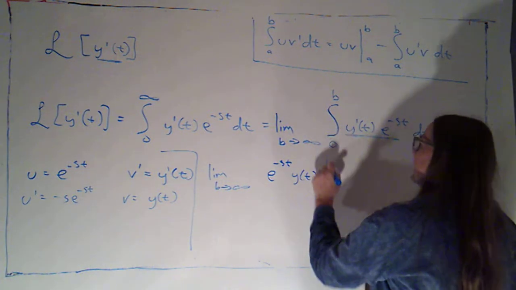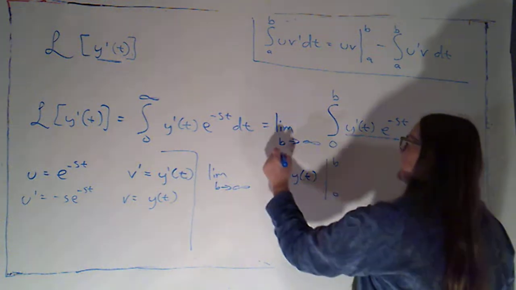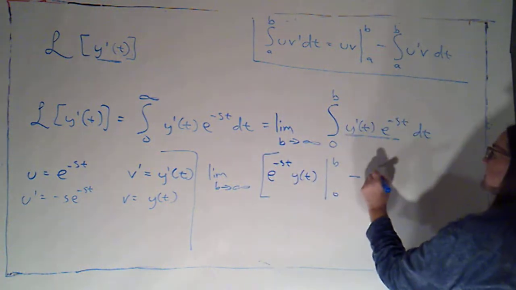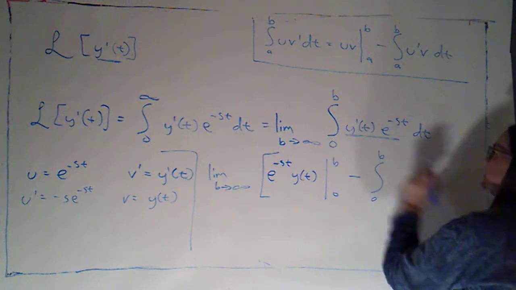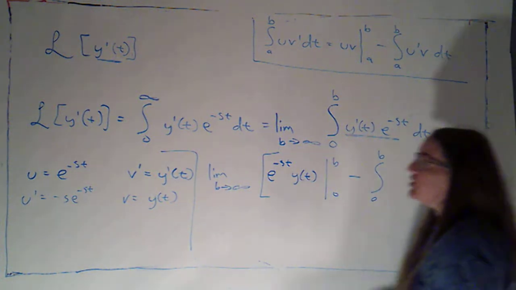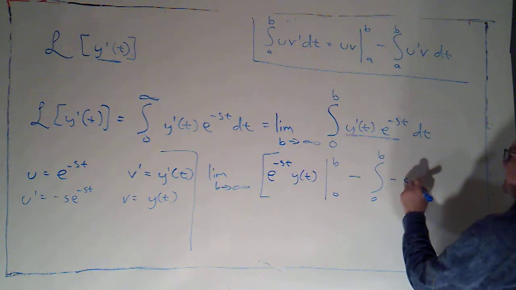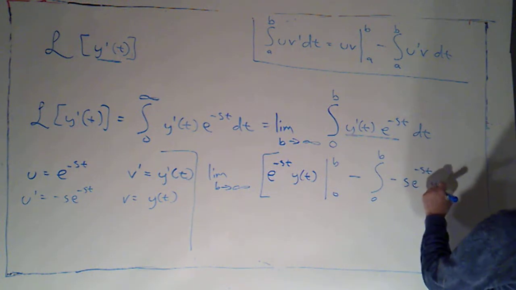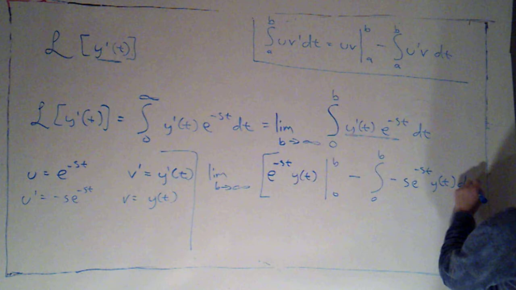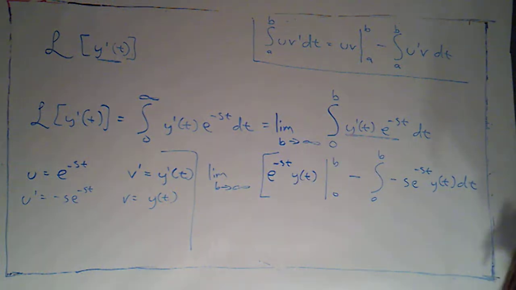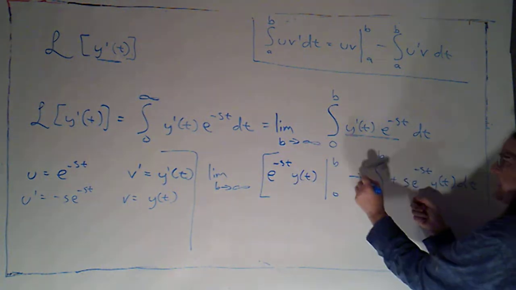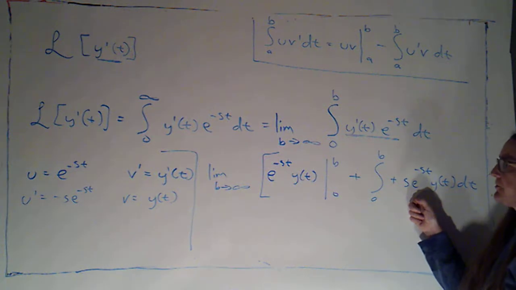We've got to evaluate that between b and 0. And then I've got to subtract the integral from 0 to b of u prime times v. So that would be negative s e to the negative st times y of t dt. Okay. And I can see the negative signs here will just cancel each other out.